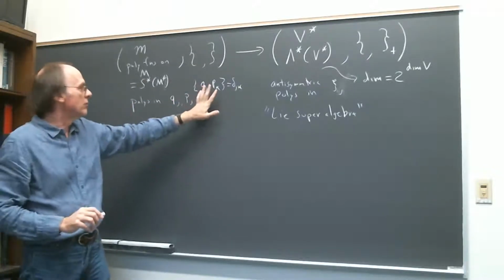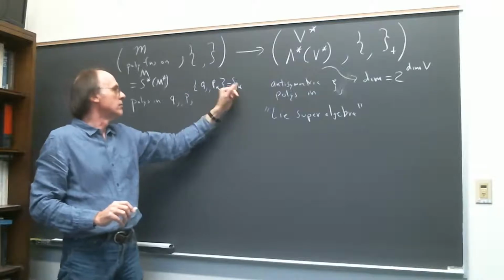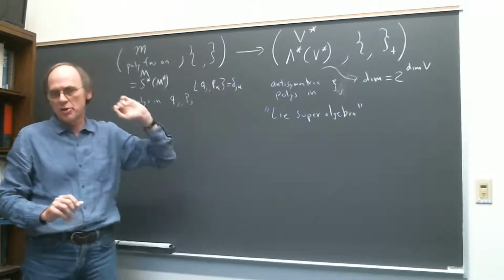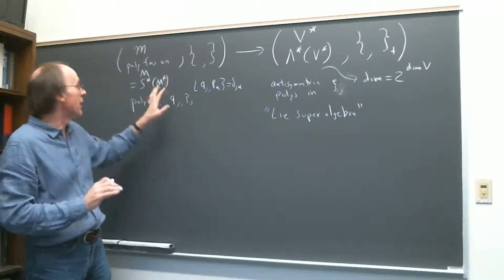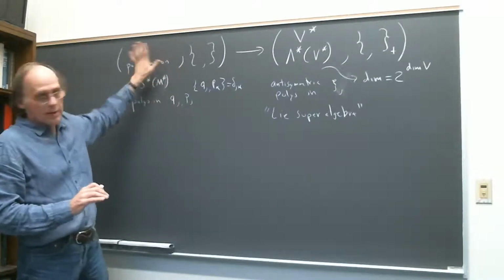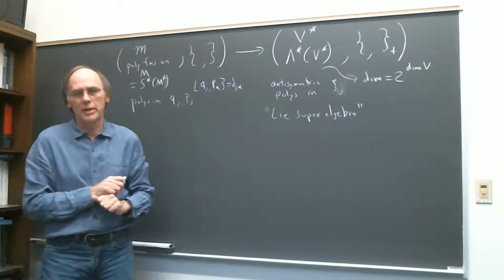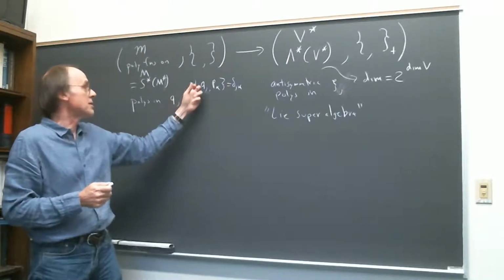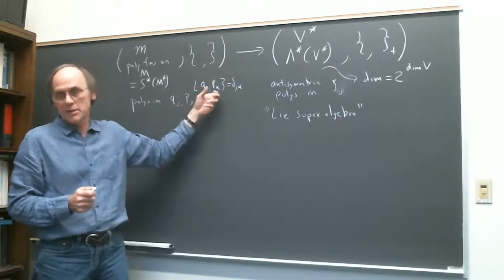So you choose this kind of standard basis. There's a piece of linear algebra which says that if you have any vector space with a non-degenerate antisymmetric bilinear form on it, you can always choose a basis in which the form takes this value.